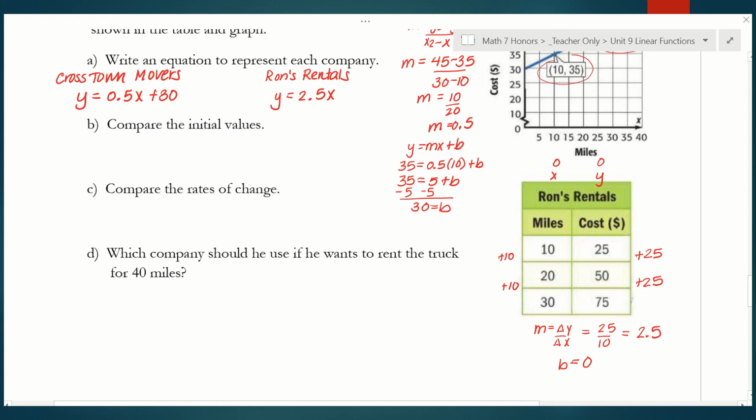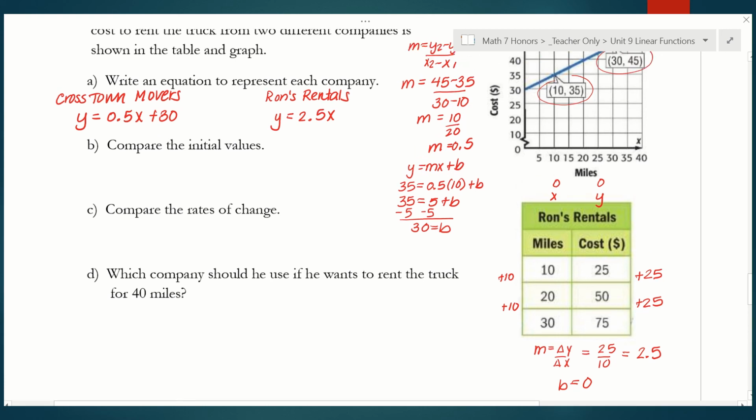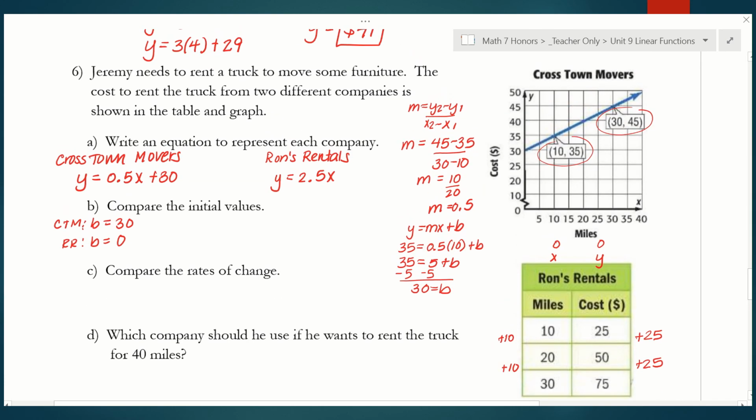All right, so part B says compare the initial values. So for Crosstown Movers, my initial value was 30. For Ron's Rentals, my initial value was 0. So what does that mean? It means that you are paying an upfront fee to rent the truck from Crosstown Movers, but you're not for Ron's Rentals.